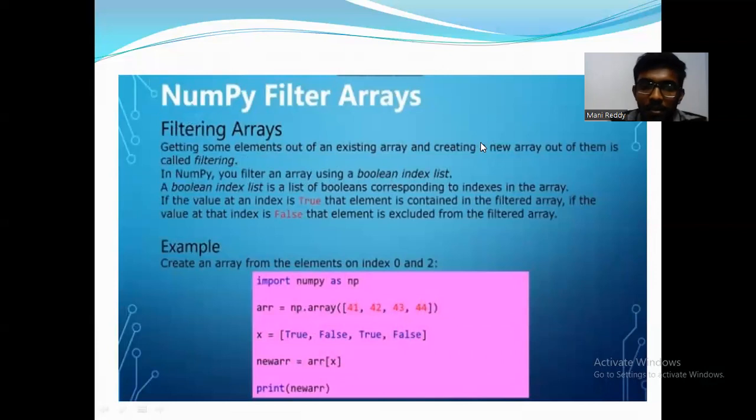If the value at an index is true, that element is contained in the filtered array. If the value at that index is false, that element is excluded from the filtered array.